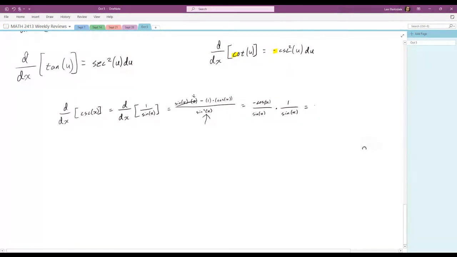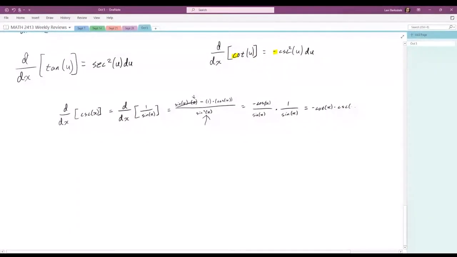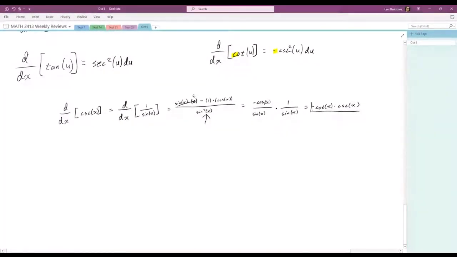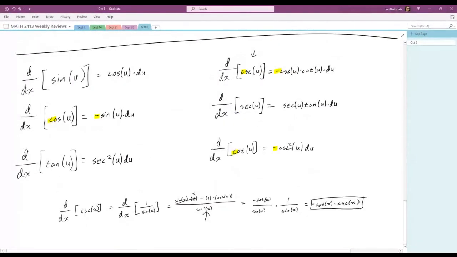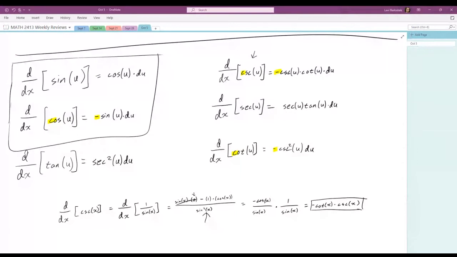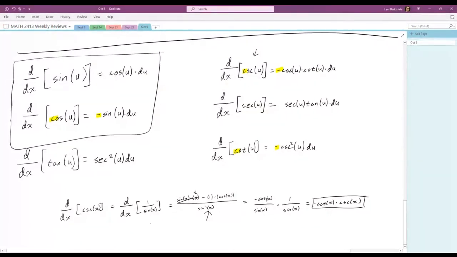So then negative cosine over sine is negative cotangent, and 1 over sine is cosecant. So this would be our derivative. So that's something you can do if you forget some of the less common ones. You absolutely have to know these two though, and it's probably best to just memorize all of them. All right.